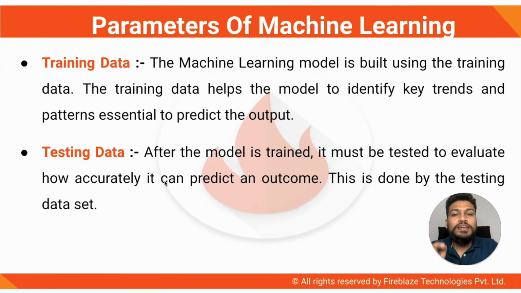Now read it. The machine learning model is built using the training data. The training data helps the model to identify the key trends and patterns essential to predict the output. Clear? Remaining 3 entries, what happens? It takes these 3 entries, the X test, from which you will be predicting the output, and gives it to the model.